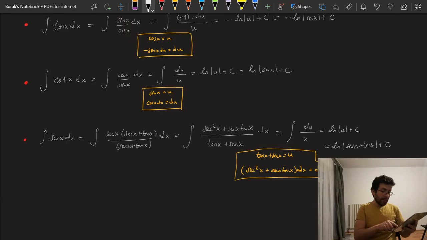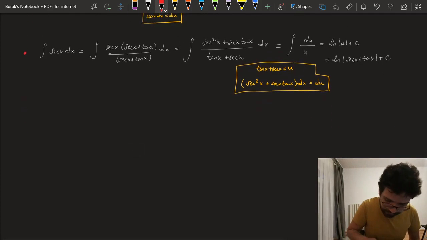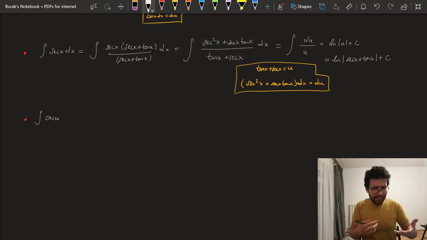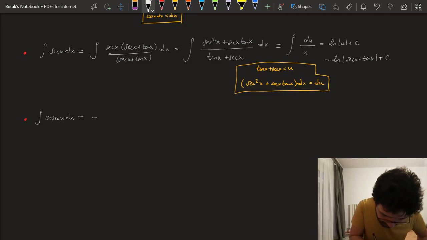So that's that. And with a similar trick, you can also find the indefinite integral of cosecant. I keep saying derivative for some reason, where I mean indefinite integral. By a similar trick, you can find the indefinite integral of cosecant, which is minus ln absolute value of cosecant x plus cotangent of x plus c.